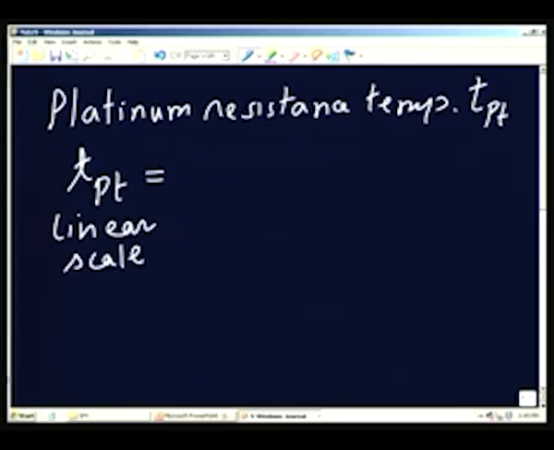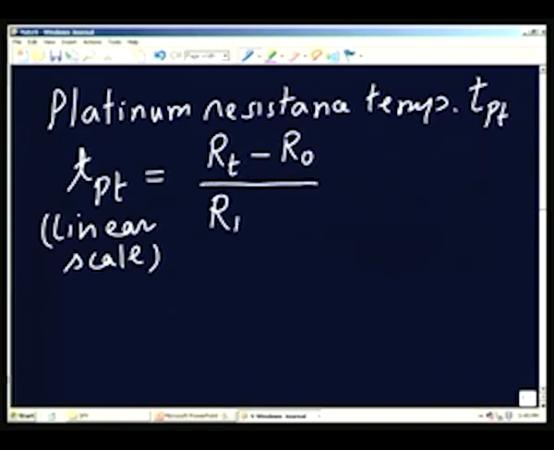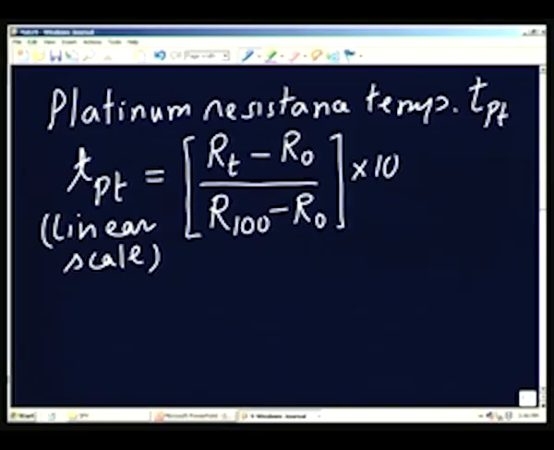This is actually a linear scale, it does not take into account the nonlinearity. So, I will define it simply as (RT minus R0) divided by (R100 minus R0) multiplied by 100.